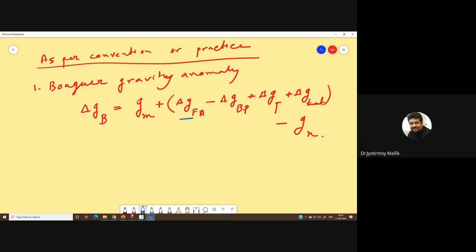So you can see in Bouguer gravity anomaly correction, we are doing all sorts of corrections. Free air correction, Bouguer plate correction, terrain correction, and latitude correction, which is of course optional. Then subtracting it from my theoretical value, I get my Bouguer gravity anomaly. And then there is something called delta GF, which is what we call free air anomaly.